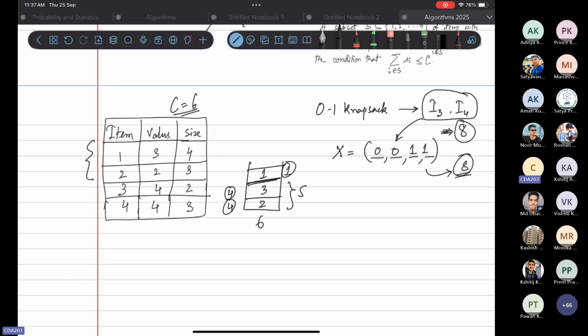So you'd like to take the first item. What is the value of 1 unit of the first item?